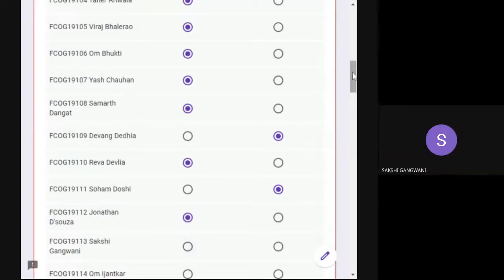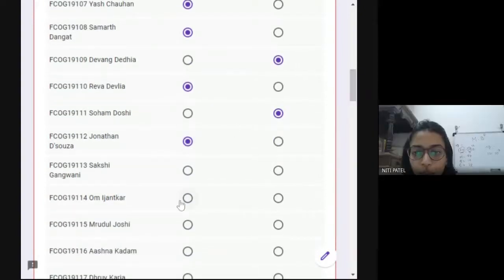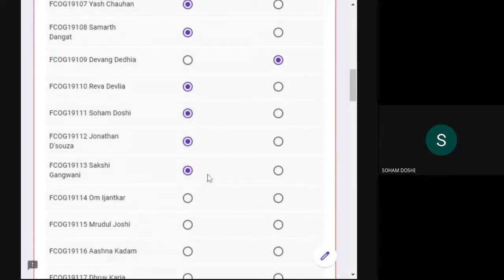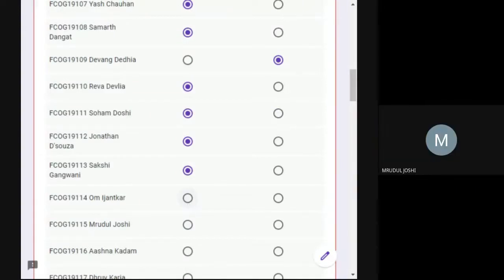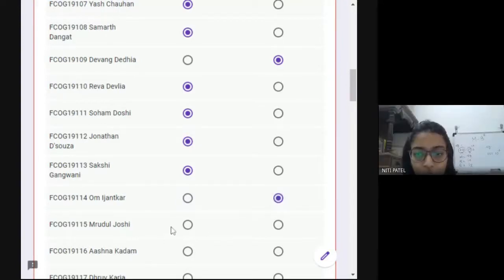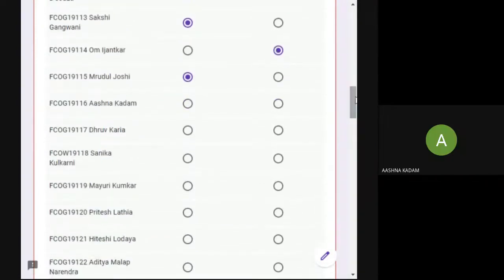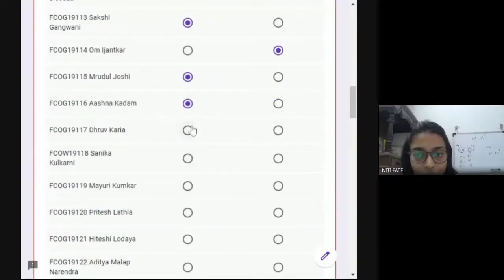Sakshi, present, ma'am. Soham, are you there or not? Mrudul, present, ma'am. Ashna, present, ma'am. Dhruv, present, ma'am. Sanika, present, ma'am.